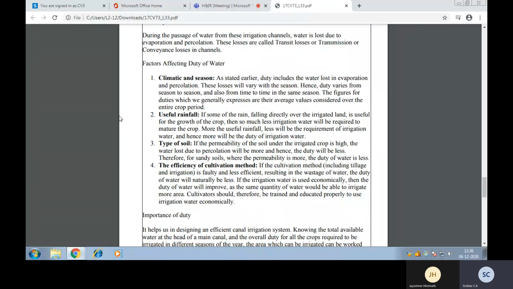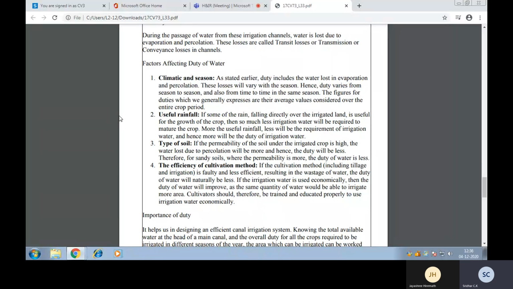Now, if it is a permeable type of soil, then the percolation happens very fast. In such a situation, the interval becomes very less, so the number of intervals becomes more. When the interval period is less, the number of intervals becomes more for the entire base period.